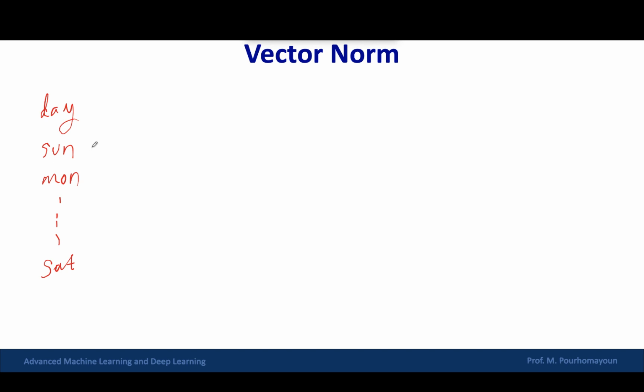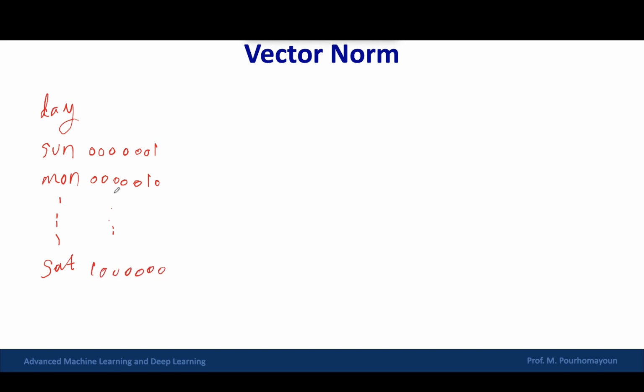So for example, assign a value of 0, 0... Look, there are different ways to do it, but let's say the simplest approach. This to Sunday, and this, for example, to Monday, and so on.